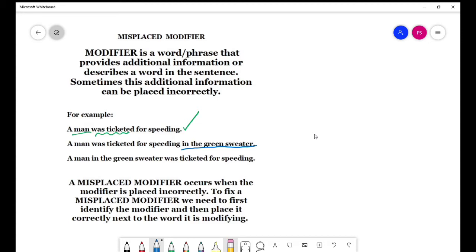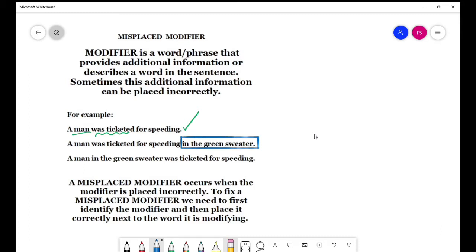Obviously, that's incorrect. And one of the ways for you to identify a misplaced modifier is that the sentence might not make sense. And then you will see that the extra bit of information is placed incorrectly. So in order to fix that, we must identify the modifier first. Well, the modifier is in the green sweater.